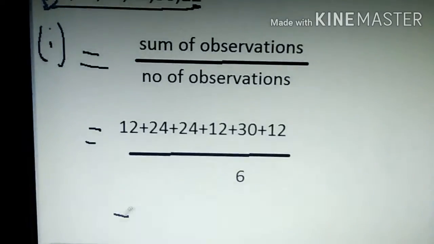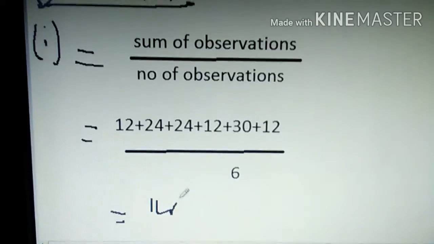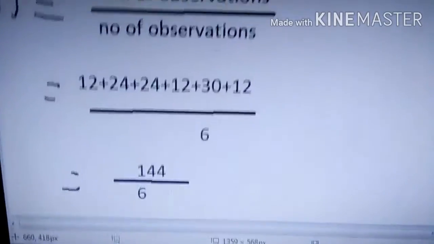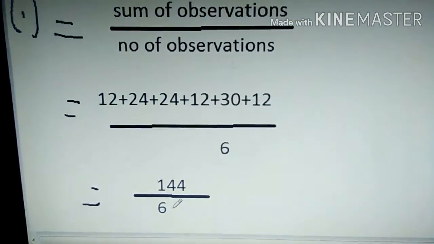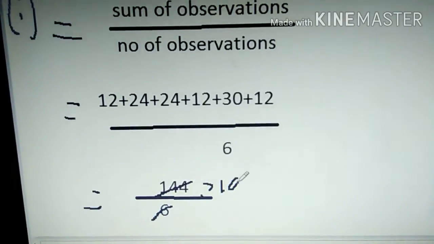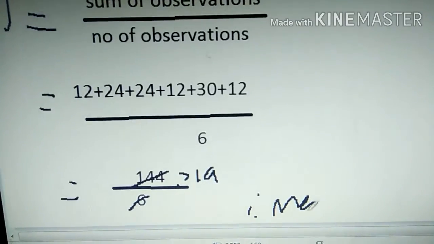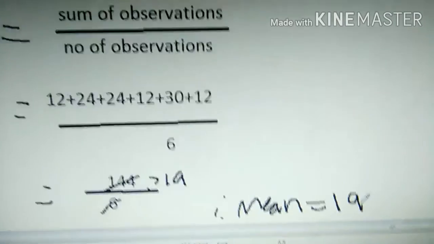Now, we need to add all these observations, which gives 144 by 6. After that, we cancel this and this, which gives the answer 24. Therefore, mean is equal to 24.